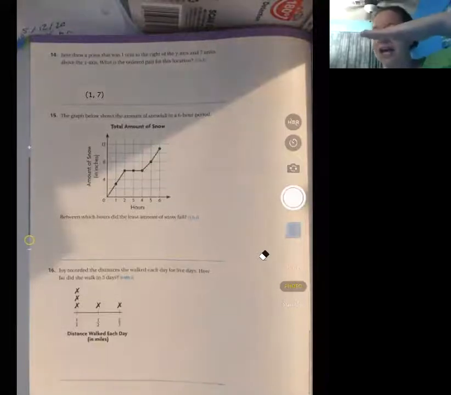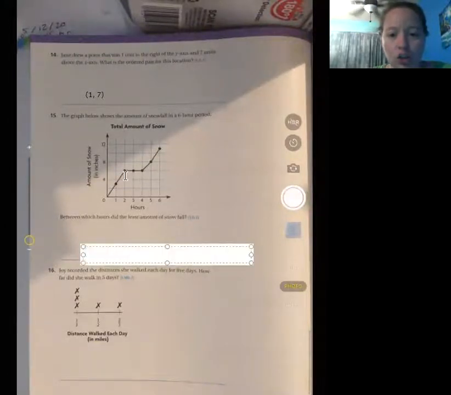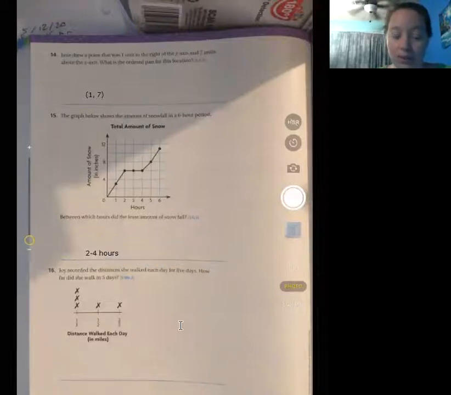But when it goes flat, that means there's no new snow. So when do we have it flat? When is there no new snow? Between the 2 and 4. So 2 to 4 hours. That's where there was no new snow.